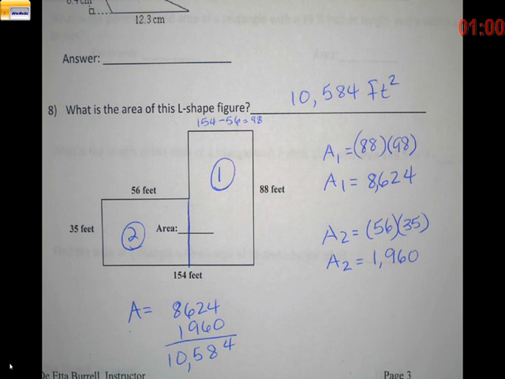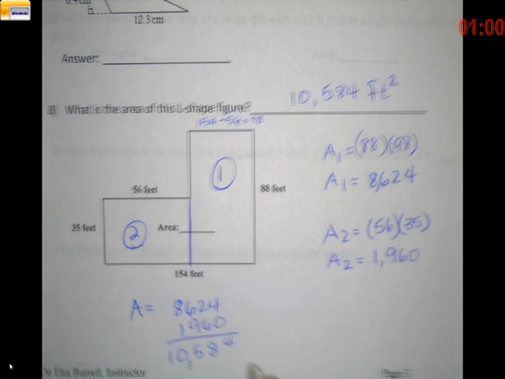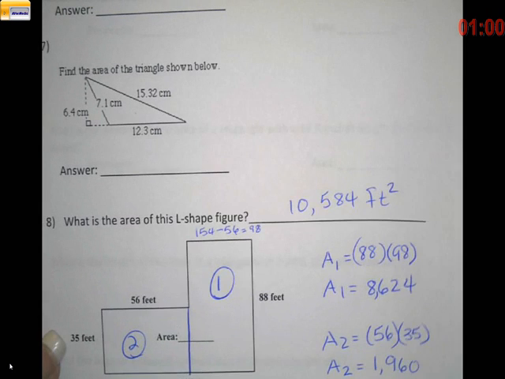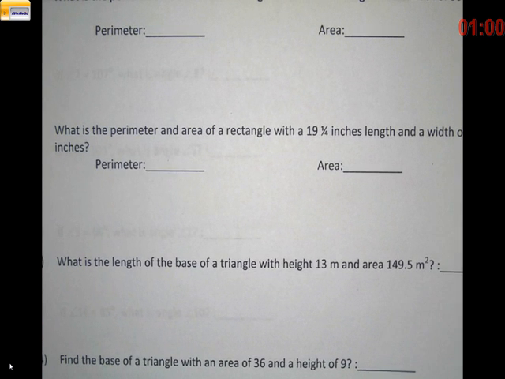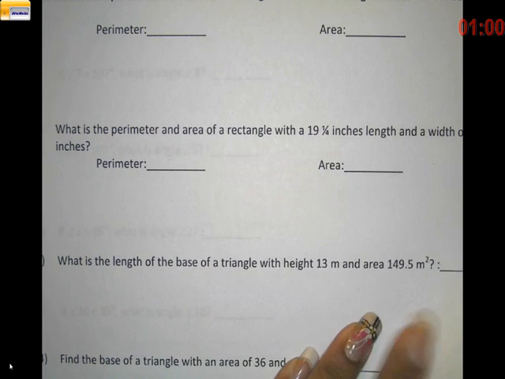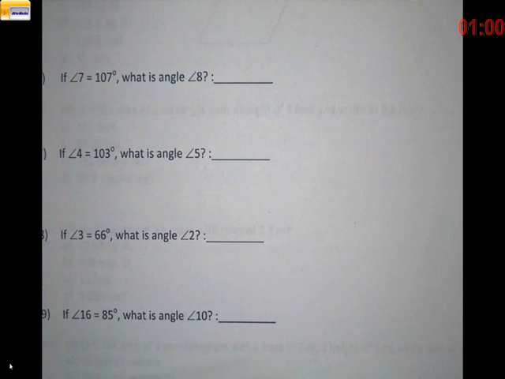Were there any other formulas that you guys might have forgotten that are on here? Because I think this is pretty easy, this test. See, you got more formulas on page 4 with triangles and rectangles.